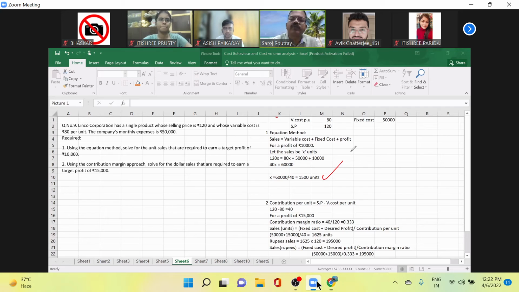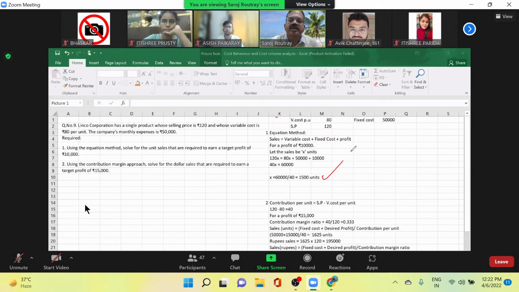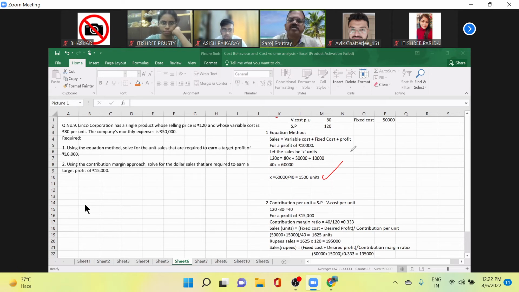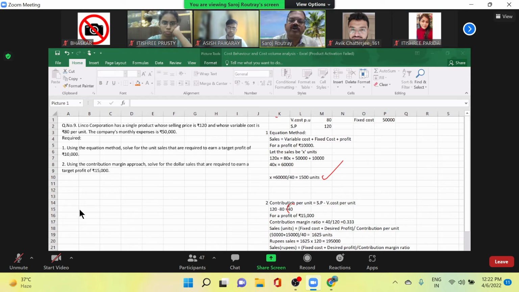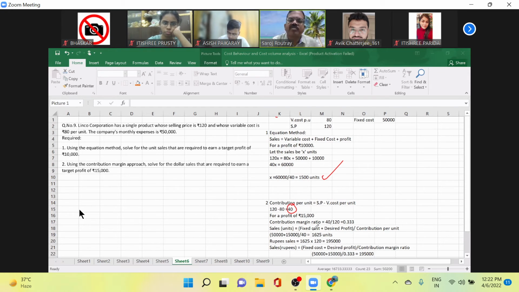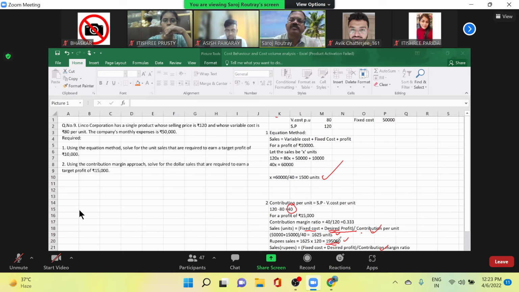So, what about 1500 using contribution margin? Find out the contribution margin per unit. Then you have a desired profit. So, the formula is fixed cost plus desired profit divided by contribution per unit or contribution margin ratio. So, you get this answer 1625 units and 1,95,000 rupees.